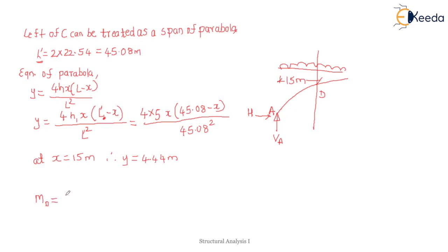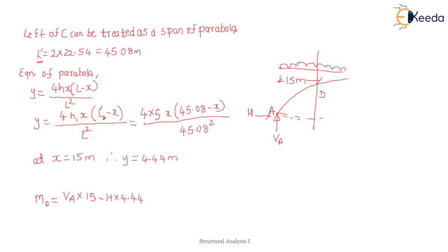So that will be VA into 15, because this is a 15 distance, so the load is perpendicular, 15 minus VA is going clockwise. Clockwise H is negative, it is anti-clockwise, so minus H into this distance, which we got as 4.44.